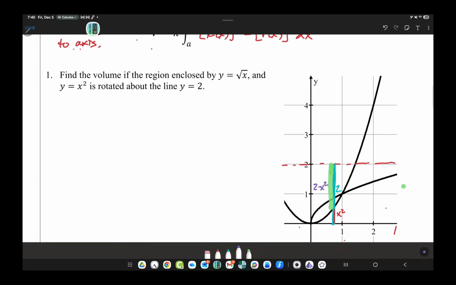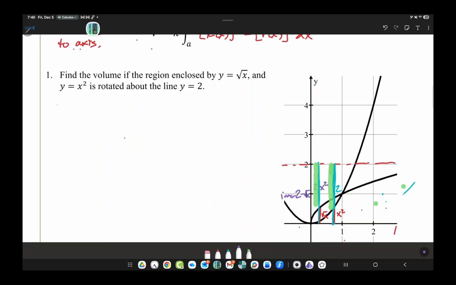Now, that is just for the outer radius. So if I want the inner radius, I'm still going to take that distance to the x-axis. This time, my inner part here is the square root of x. So this part becomes 2 minus square root of x. So that is my inner radius.